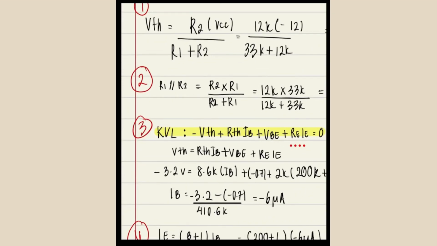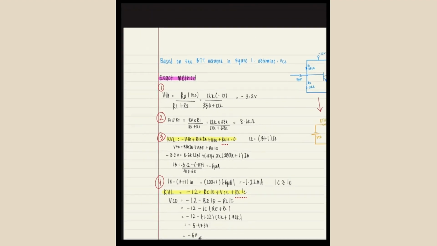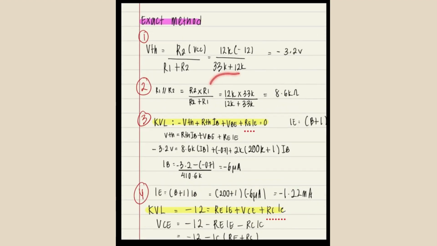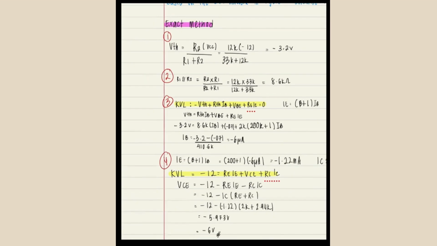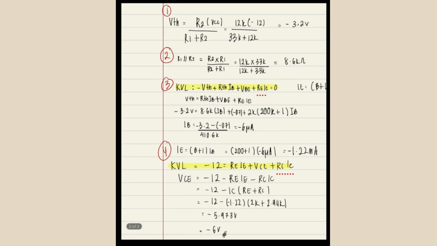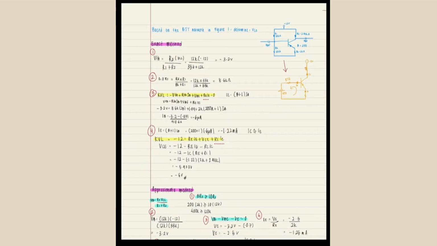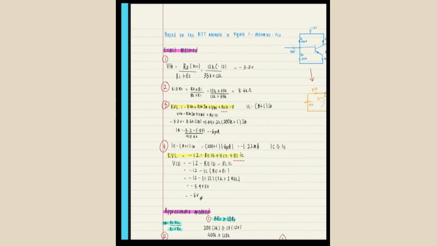Second, we know that R1 is parallel with R2, and we put the values into the parallel formula and get 8.6 k ohm. And third, we want to find IB by using KVL in this loop.